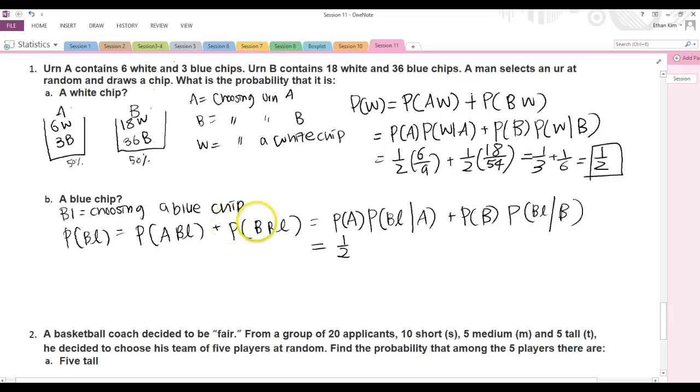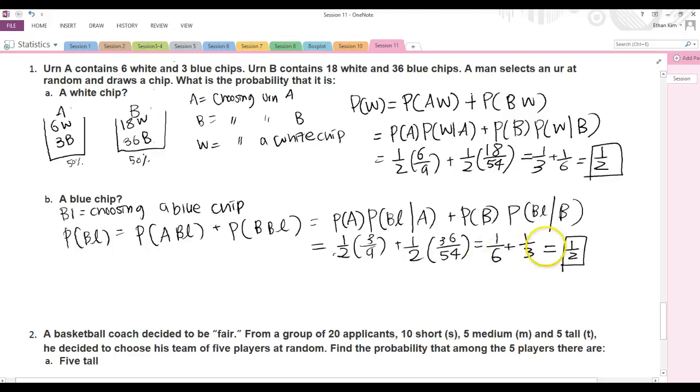The probability of choosing blue in urn A is 3 out of 9, plus the probability of choosing B is 1/2, and the probability of choosing blue in urn B is 36 out of 54. So that comes out to be 1/6 and what is this, this is 2/3 times 1/2, that's 1/3. So this is again 1/2. Right? So that concludes number 1.